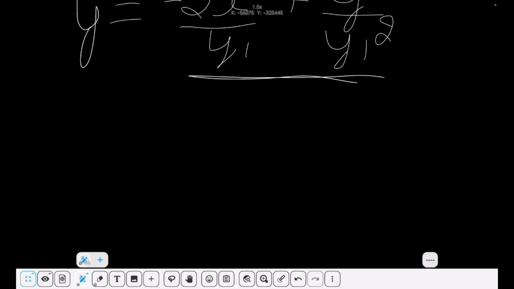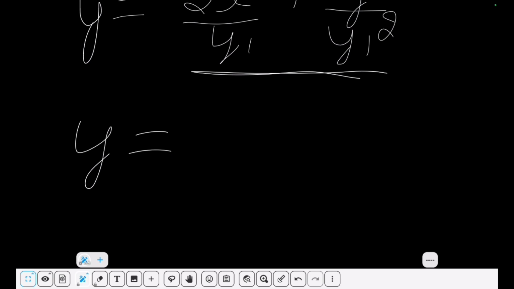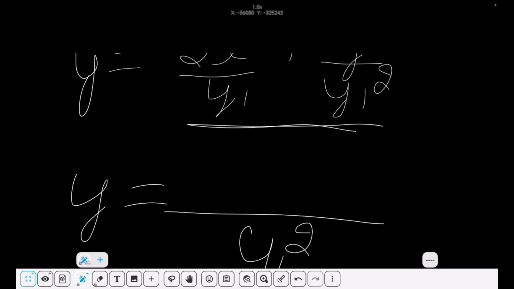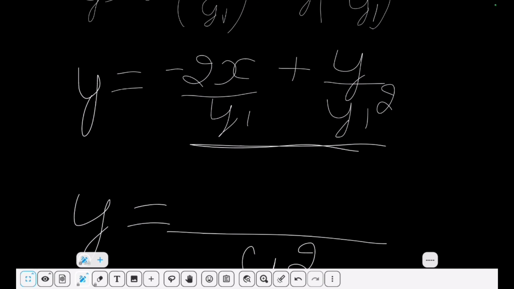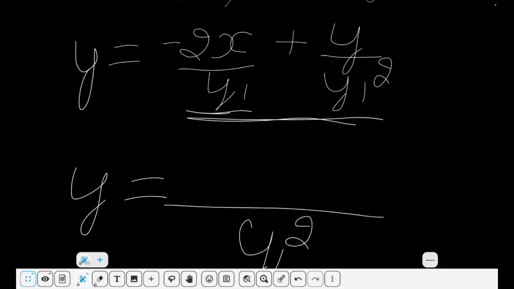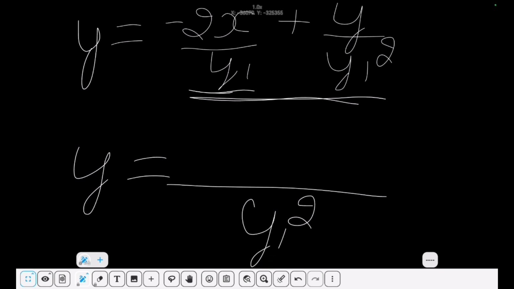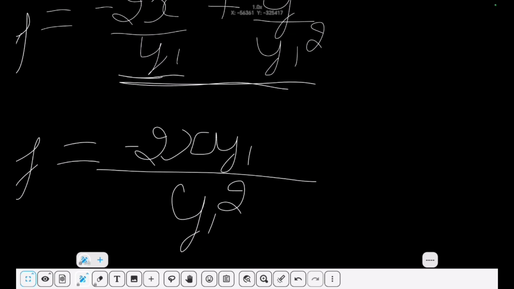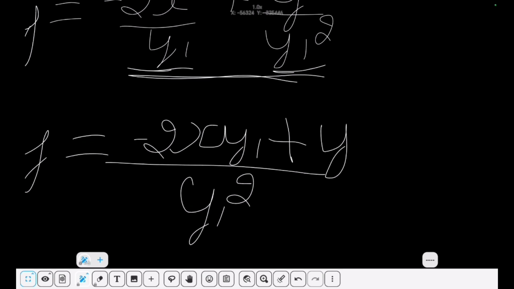If I take LCM from this, my LCM will be y1 square. So this part will be, I need to multiply one more y1 in order to get y1 square here. So that will be minus 2x y1 plus, I already have y1 square here, so it will be the same y.